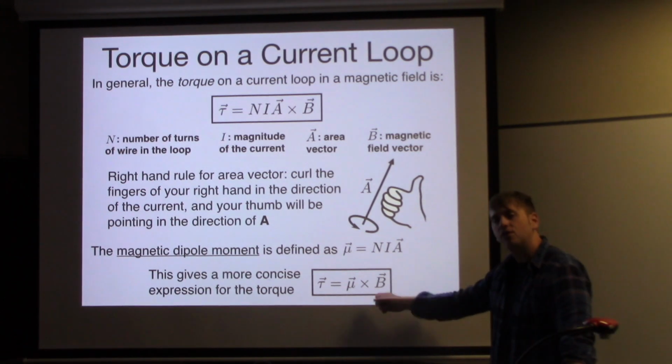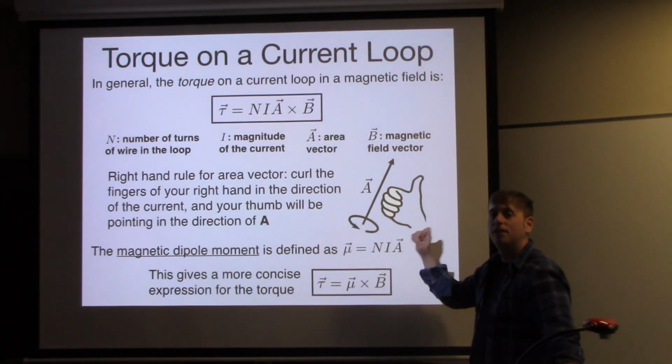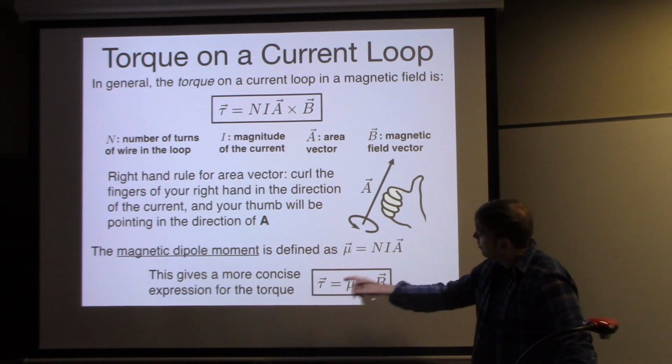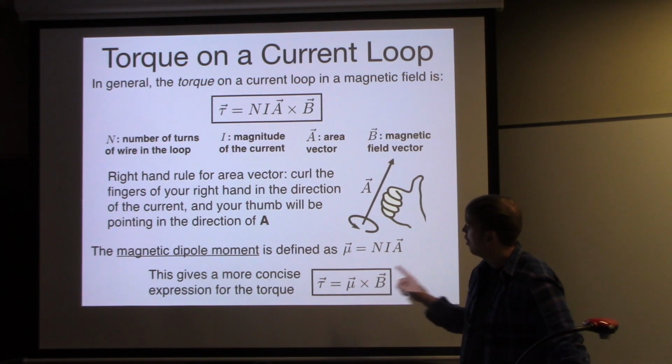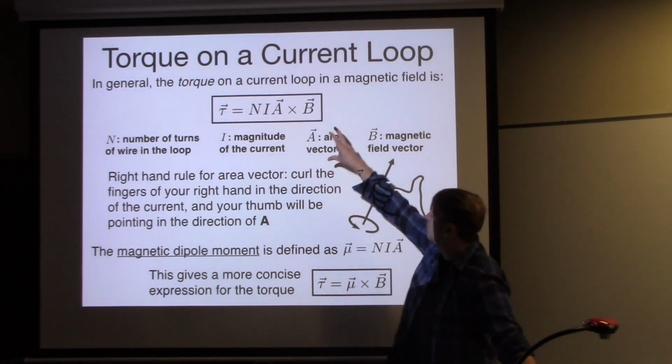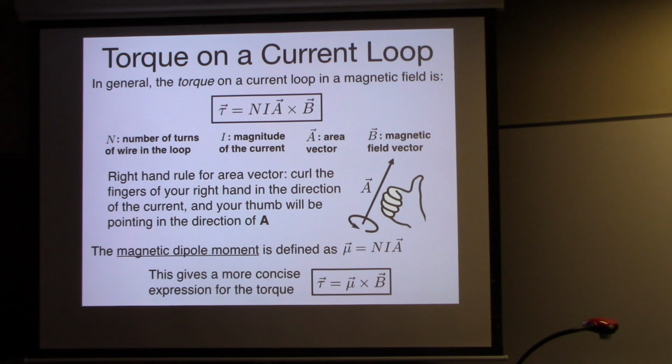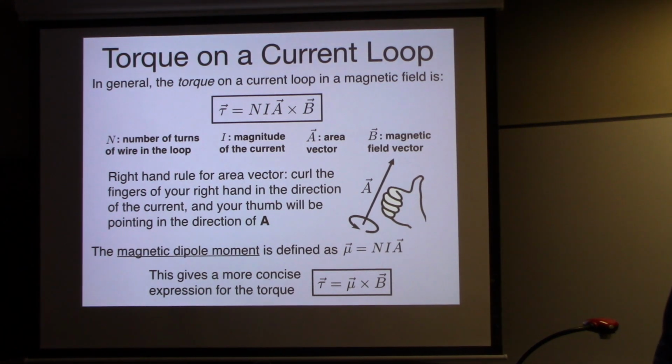So, the most concise expression for the torque, and we are going to stop here as far as making this expression more concise, is the torque is equal to mu cross B. And again, these are the same equation. You can just make it more compact by replacing NIA with mu.